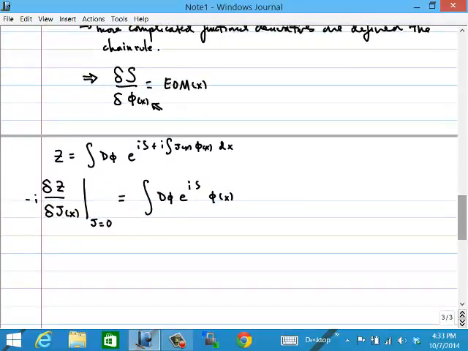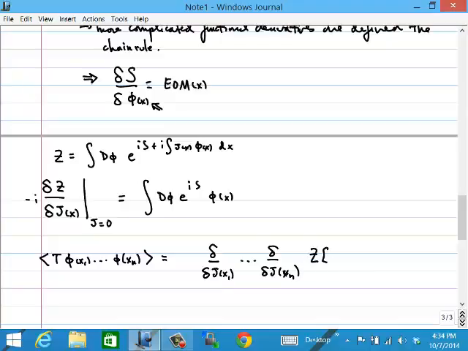And so then we can see that the time-ordered vacuum expectation value of a bunch of field operators is given by a bunch of variational derivatives of the generating function Z evaluated at J equals 0.